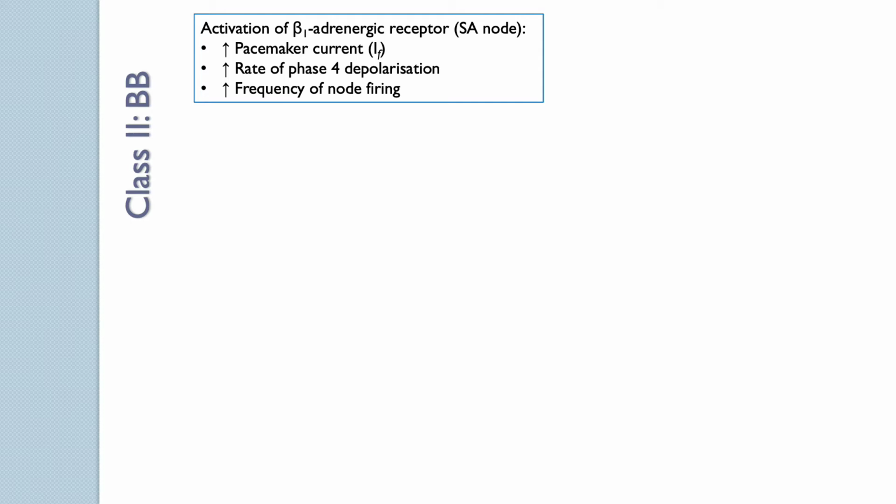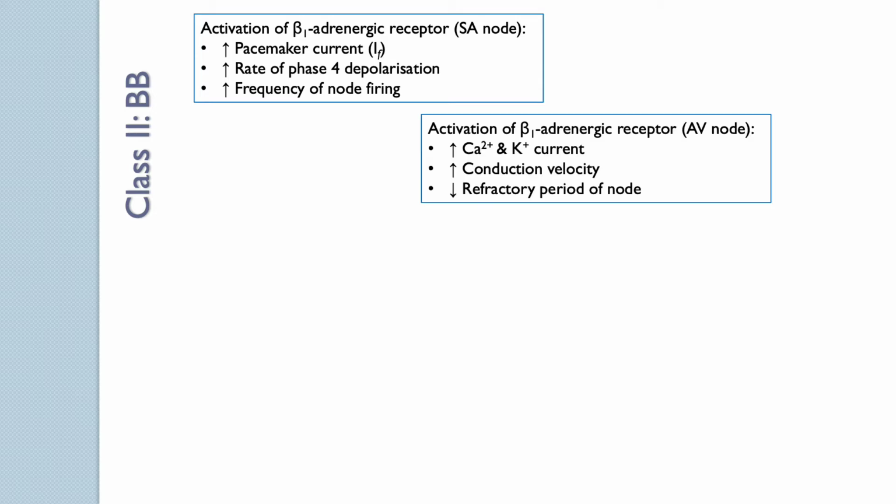So what beta blockers do is, the beta adrenoceptors are mainly located in the SA node. It's involved in the pacemaker current because it decides how fast the heart beats. That's why it influences the frequency of the node firing.